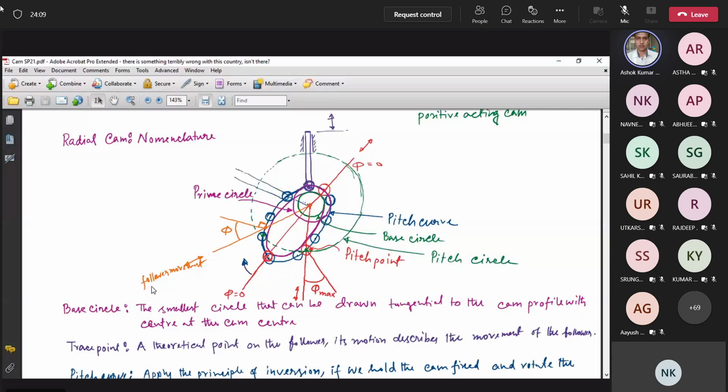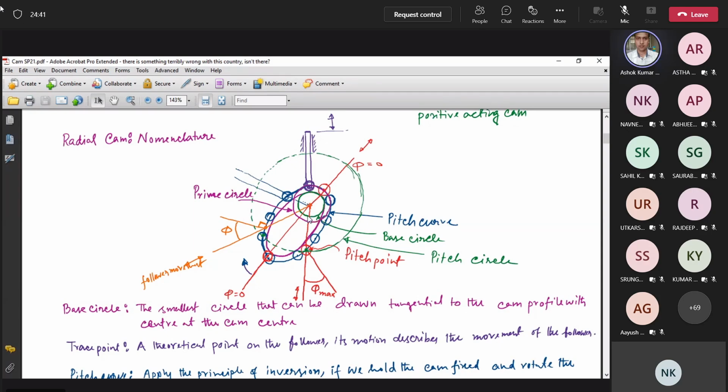Now the first definition we'll have here is base circle. What is called base circle? Base circle is the smallest circle that can be drawn tangential to the cam profile with its center at the cam center. So we have drawn this green circle, which is tangential to the cam profile through this arc.